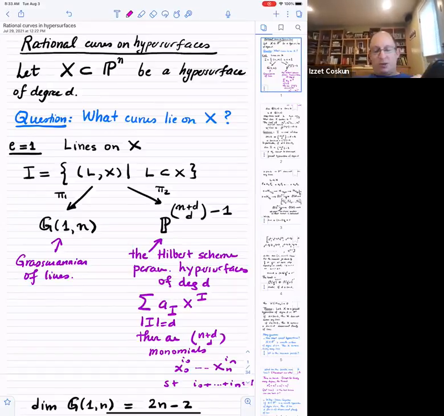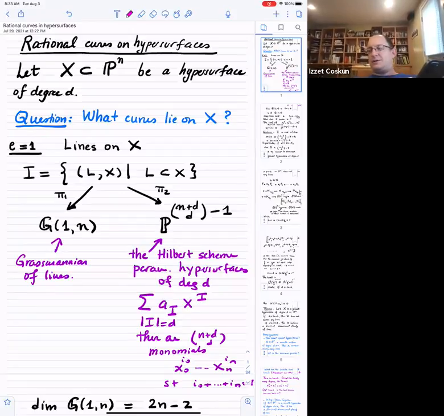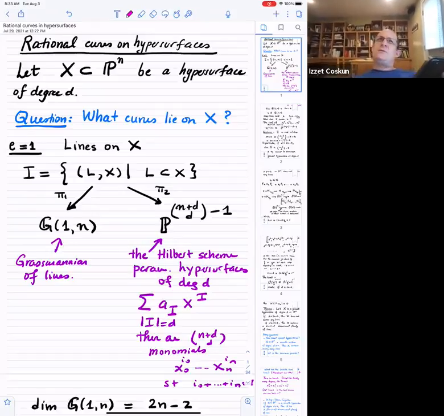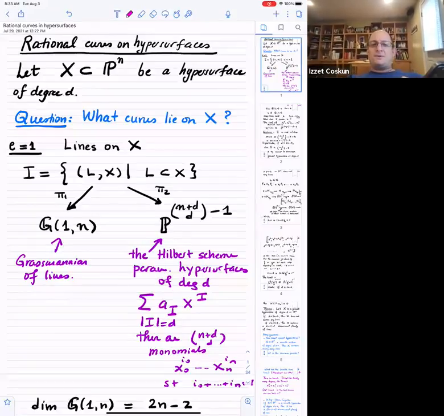Last time we talked about this in projective space. So this time I'll ask the same thing about hypersurfaces. The way to think about this is that hypersurfaces are a fairly good test case for general varieties.